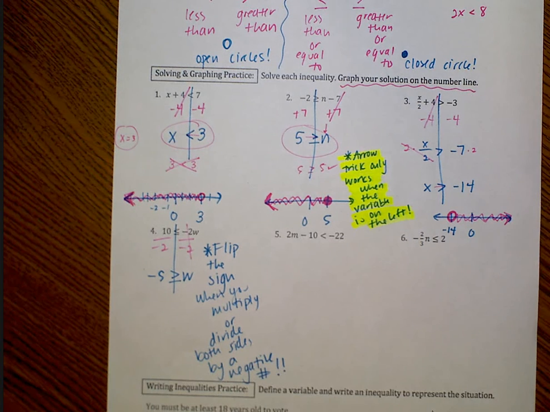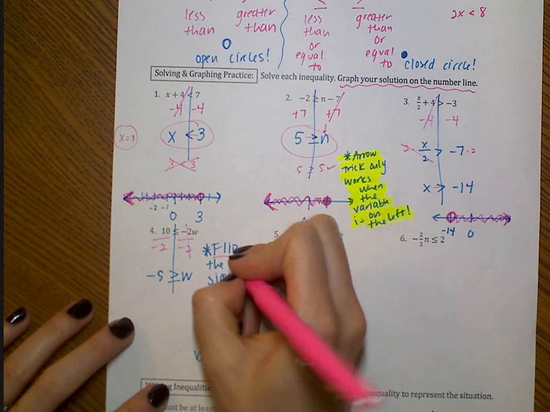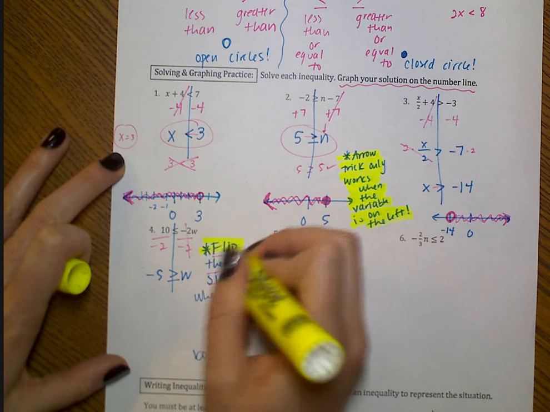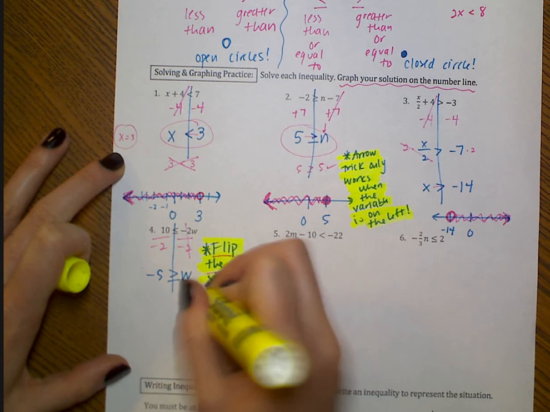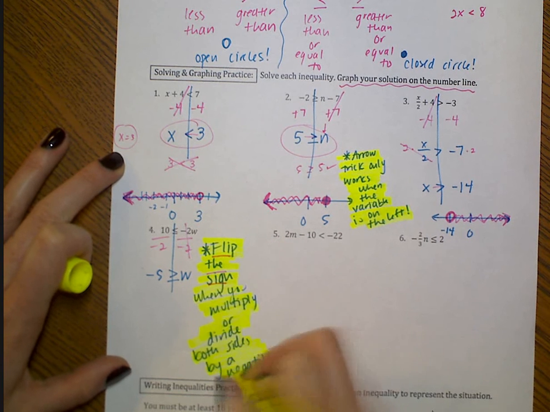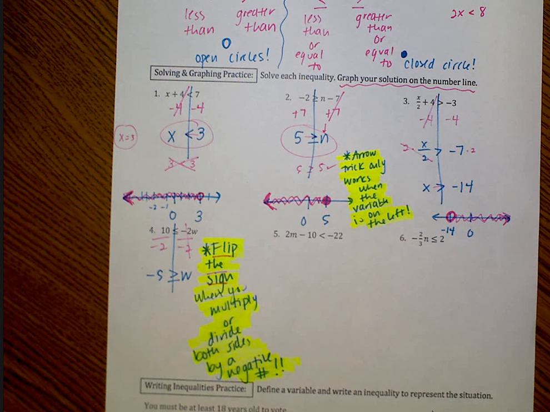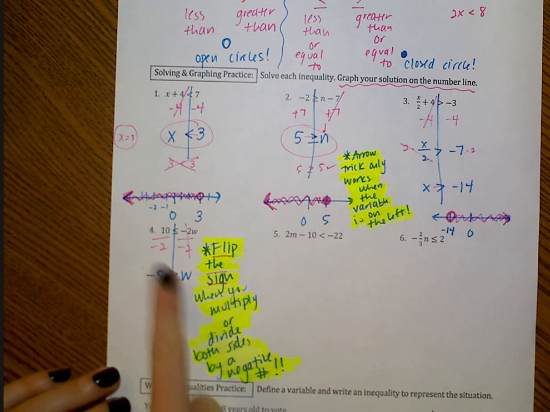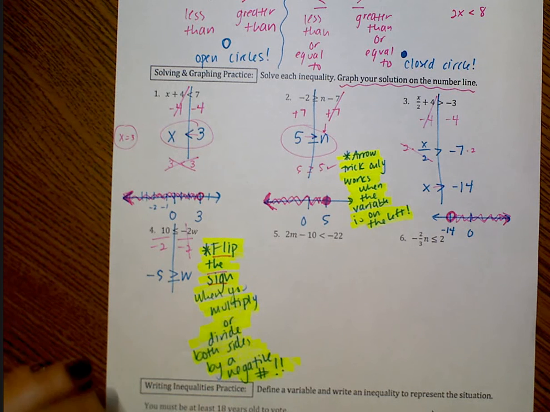Honestly, remembering when to flip the sign, that is the only thing that's different between equations and inequalities. So in the back of your mind the whole time, and I'm going to highlight this too, you just gotta look out for dividing or multiplying both sides by a negative. If I multiply both sides by a negative 2 like I did here, I had to flip the sign, because that changes where all the solutions are.